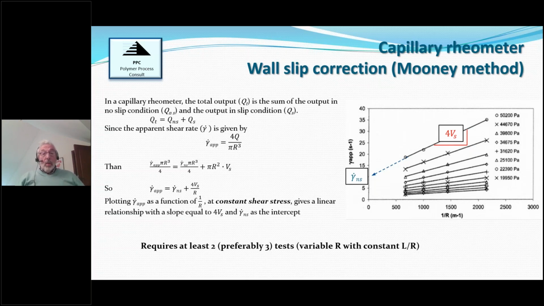So this is a linear function, and at constant stress, if we plot that as a function of 1 over r, the slope will be equal to 4 times the slip velocity, which is the important parameter we're looking for, and the intercept is the no slip shear rate. Again, this requires 2, preferably 4 tests.